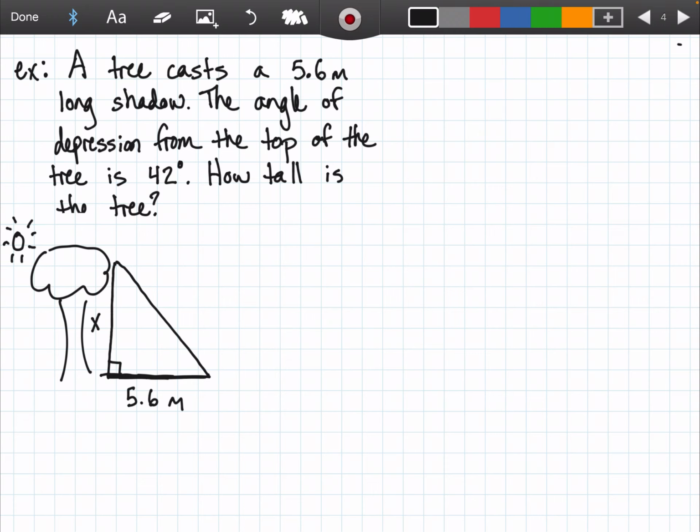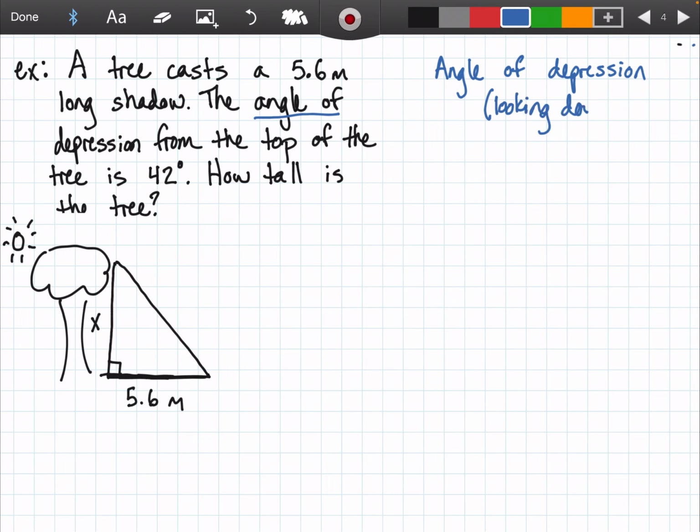All right, so let's go over some vocab. Angle of depression. Okay, here's what you need to know. An angle of depression just means that you're looking down.